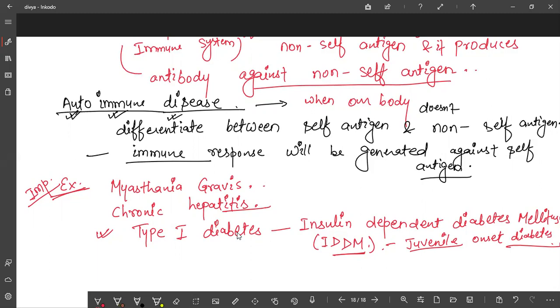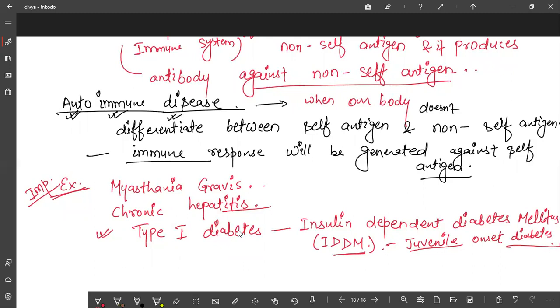It may be due to less secretion of insulin. Insulin is a pancreatic hormone, and insulin promotes uptake of glucose from the blood. When insulin is not secreted by the pancreas, that is hyposecretion of insulin, the glucose will not be taken up by the cells, and the glucose level will increase in blood. This is called diabetes mellitus.